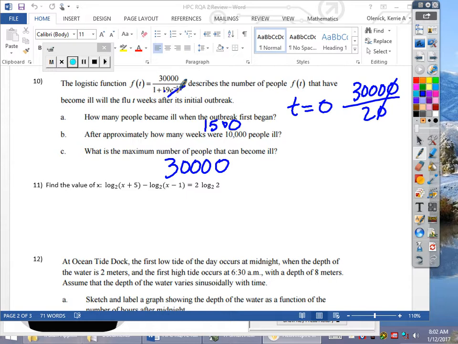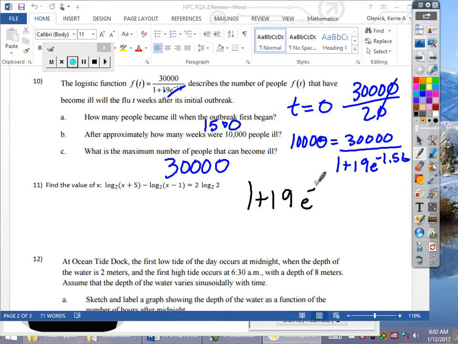Okay, 10,000. So I do 10,000 equals 30,000 over 1 plus 19e to the negative 1.5t. I'm going to do a swappity swap. So 1 plus 19e to the negative 1.5t equals 30,000 divided by 10,000, which is simply 3, right?